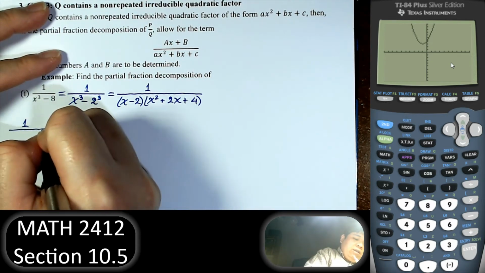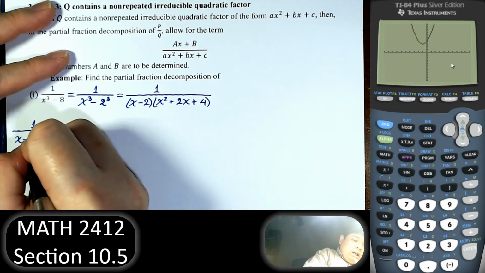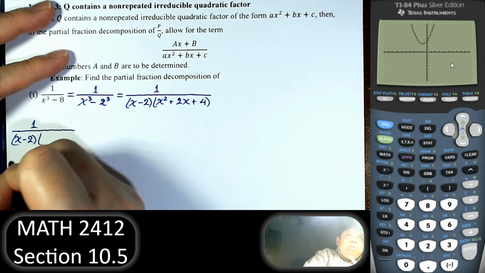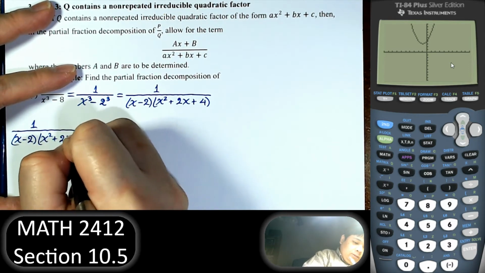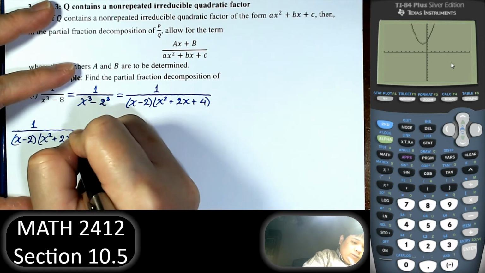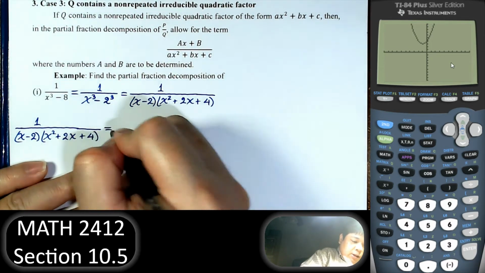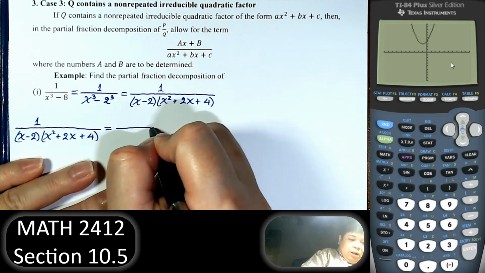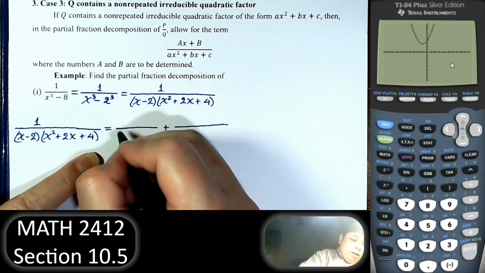So what happens if we have a quadratic factor? How do we break it down in partial fraction decomposition? Right, so the one factor of each, so we have one fraction for each.